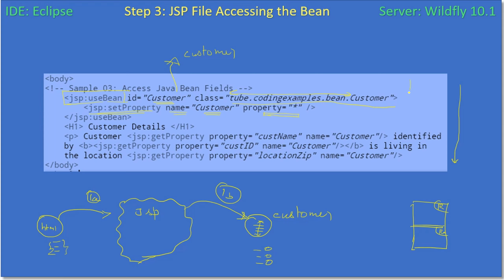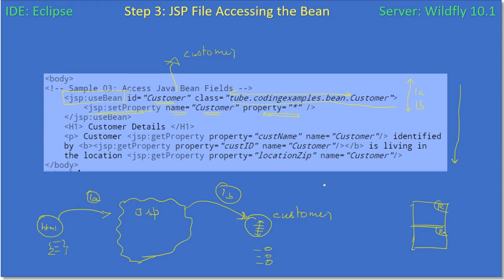That is what is happening here. 1A, 1B, both will happen. Why? Because here we are setting it, right? That means it should retrieve the content from here, then it should push it to the bean. So both will be done in this line.